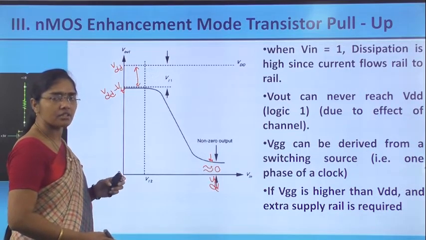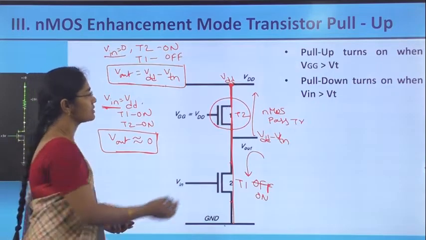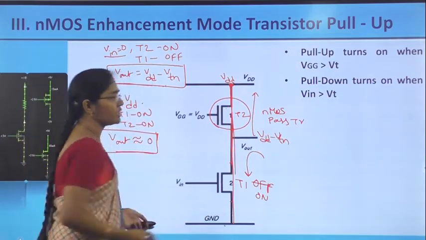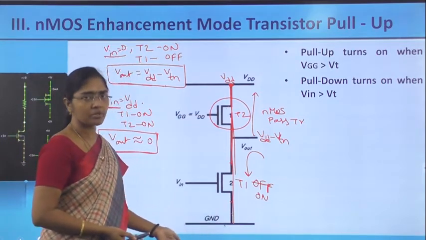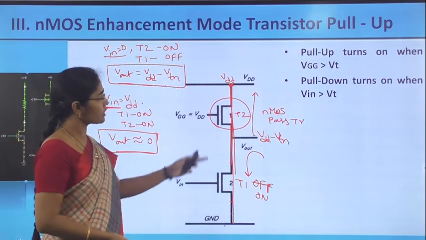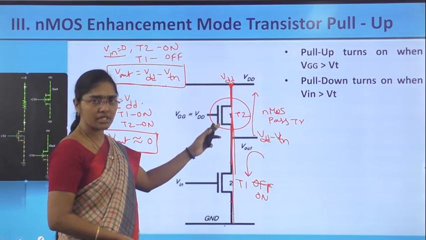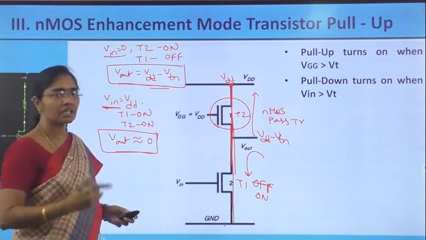And here the power dissipation problem still exists, since there is a short path when Vin is equal to 1. When Vin is equal to 1, the short path exists, so power dissipation is not reduced, and moreover, because of replacing the depletion with an enhancement transistor, the output for high is also degraded.